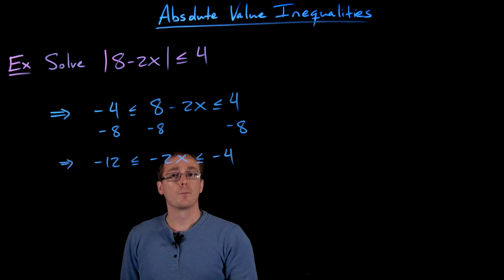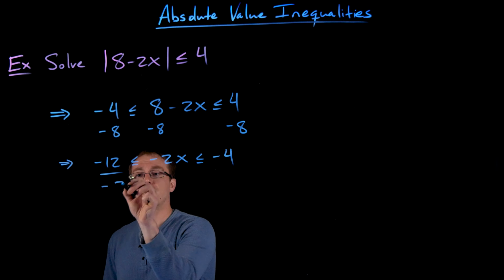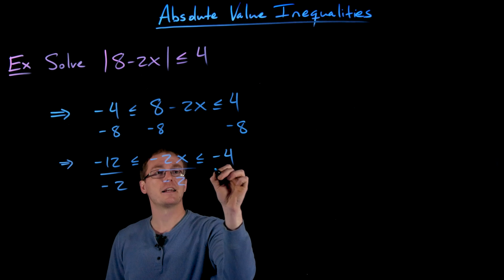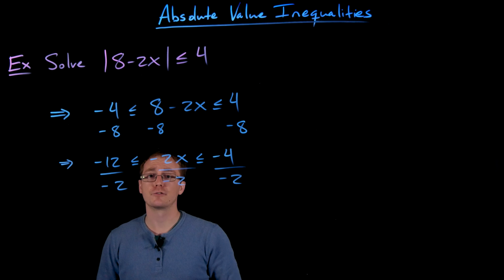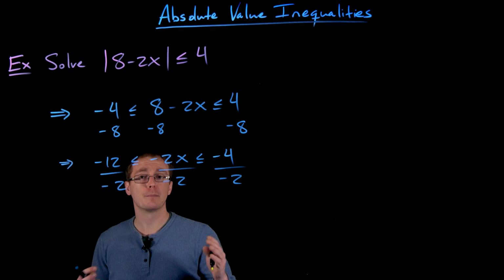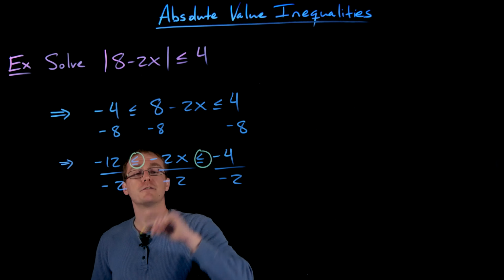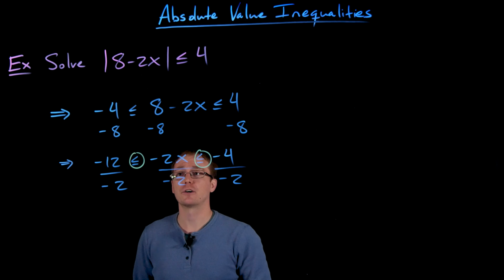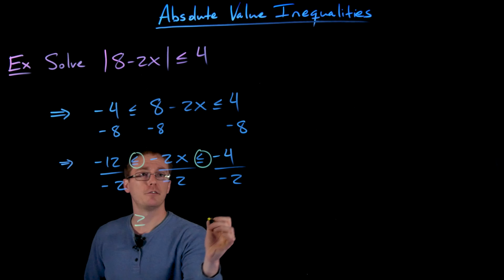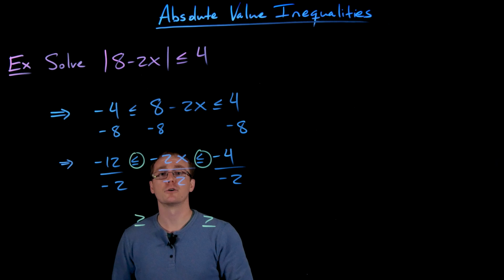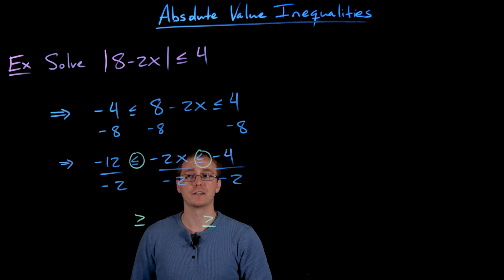And so now we have one more step to go to finish solving our inequality, and that's dividing both sides by that factor in front of x, that -2. But we have to remember that special rule for working with inequalities. We've divided both sides, or all three sides of our inequality, by a negative. So now we're going to have to reverse the direction of our inequality signs.